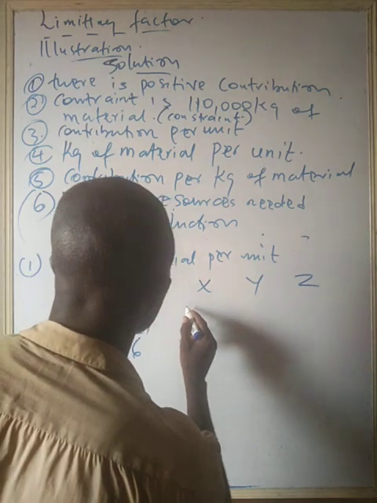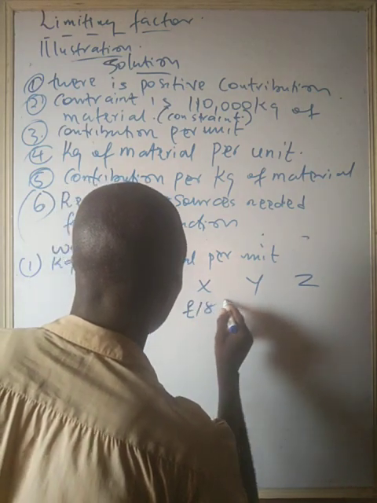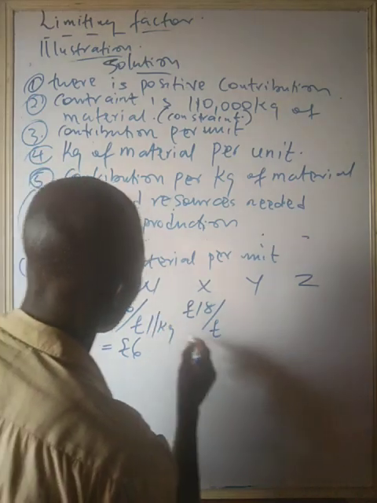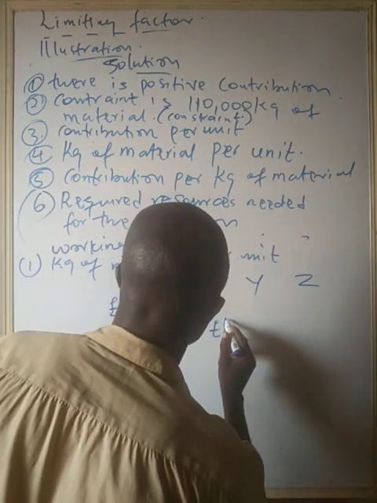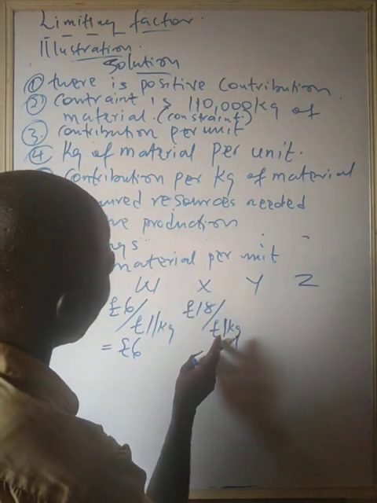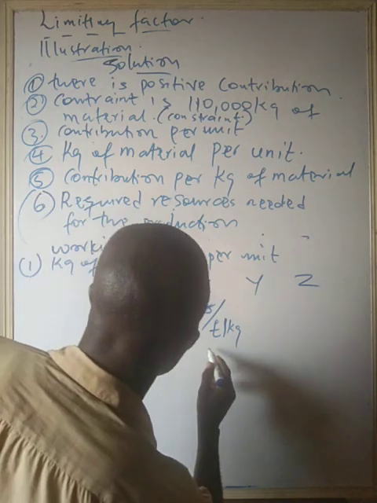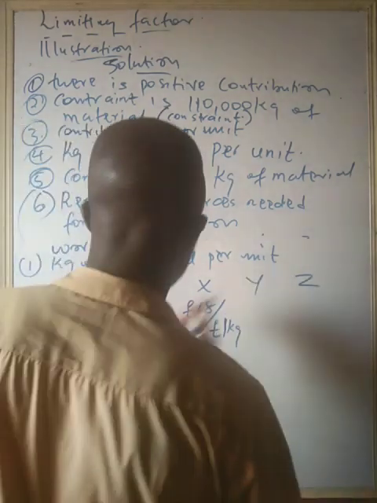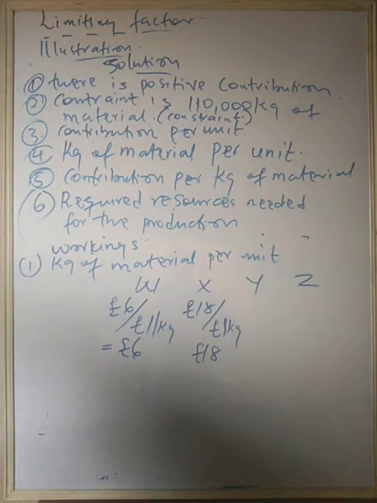That means 18 pounds divided by 1 pound, because it is 1 pound per kg. That gives us 18. Then for Y, pounds per unit is 10 regarding material.